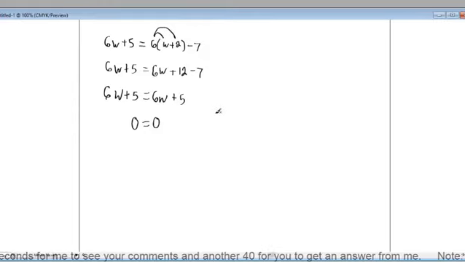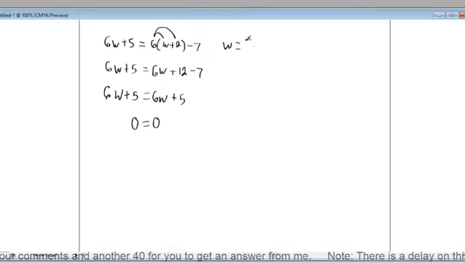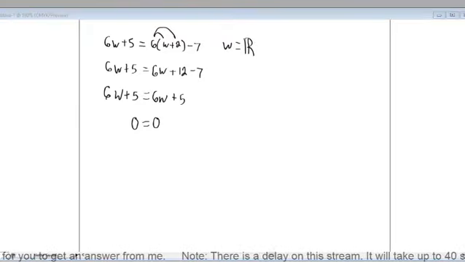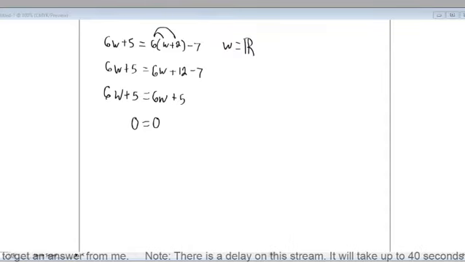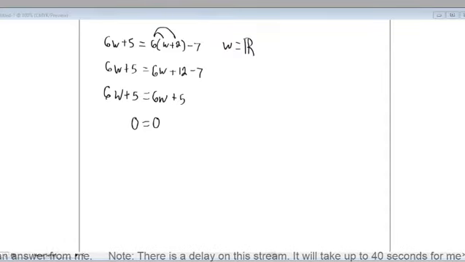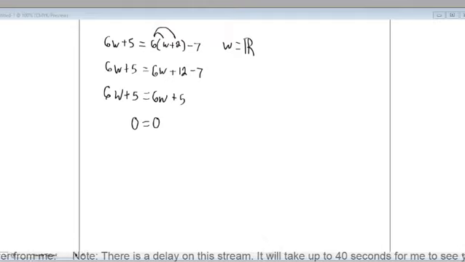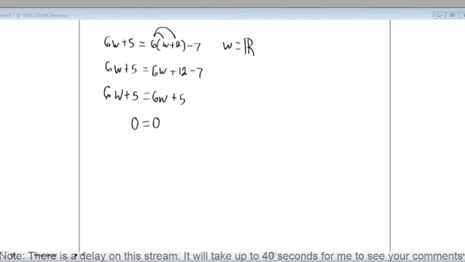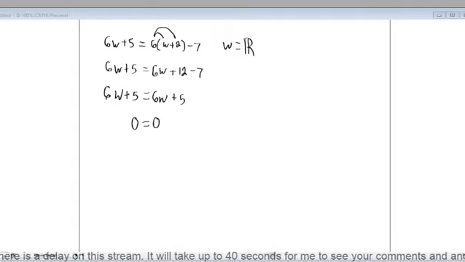So another way of saying that is that w can be all real numbers, which we use the double R symbol there. So once again, w can be all real numbers, and that is because this is an identity.